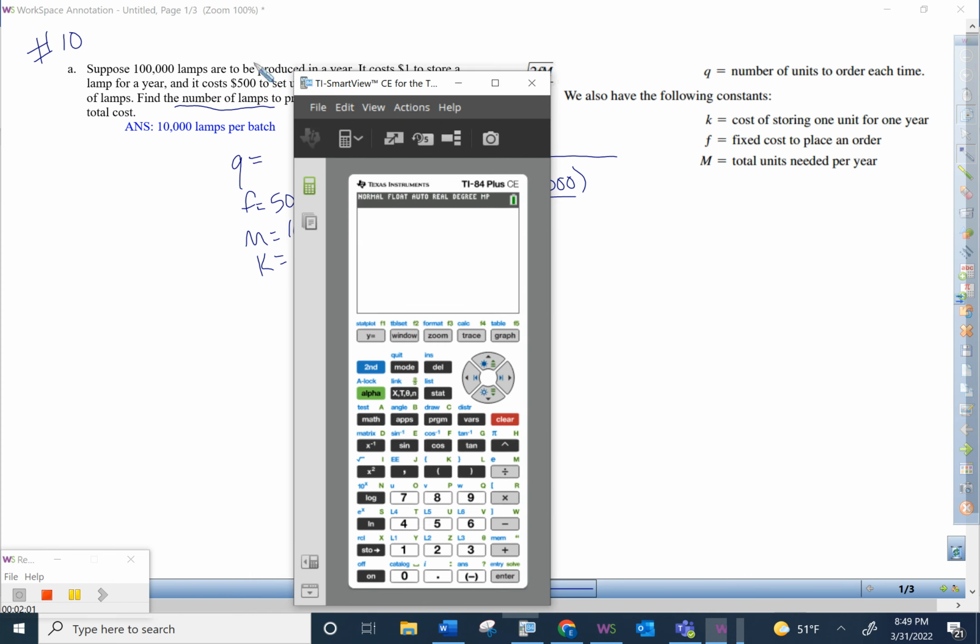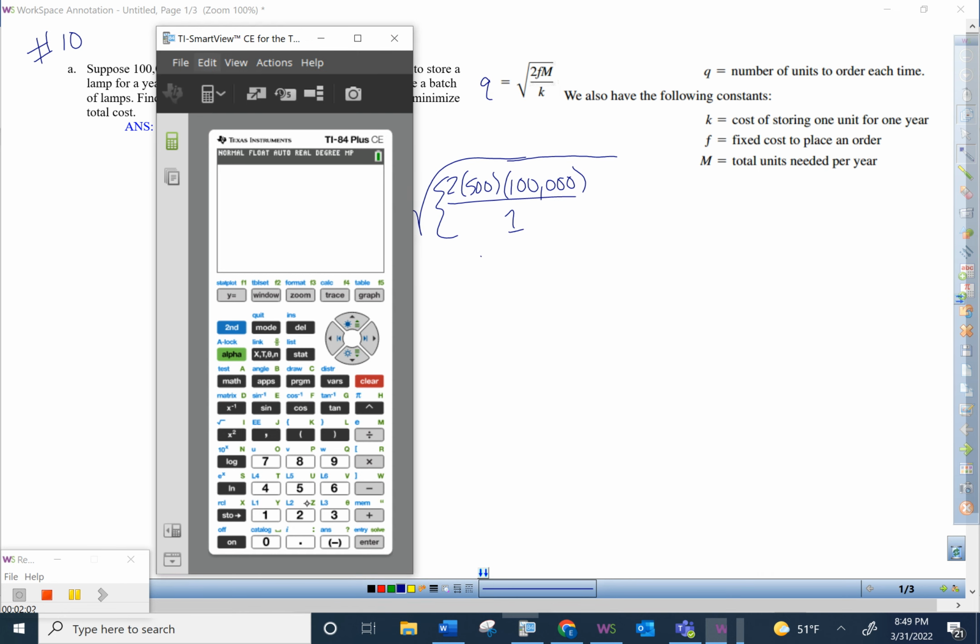So that would look like 2 times 500 times the 100,000, then divided by your 1. Since it's all multiplication and division, you don't need extra parentheses because by order of operations, those all go in the same part. Then we take the square root of that number. And it's our 10,000.